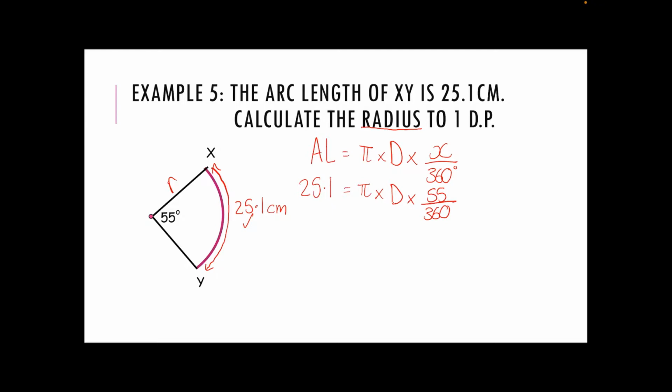To tackle this question, what I want to do is get everything onto the one side and have the letter D by itself. So the first thing I'm going to do is bring up my 360, and the opposite of divide is multiply. So what we can do is our 25.1 times by 360, and that gives us 9,036 is equal to pi times with the diameter times by 55.